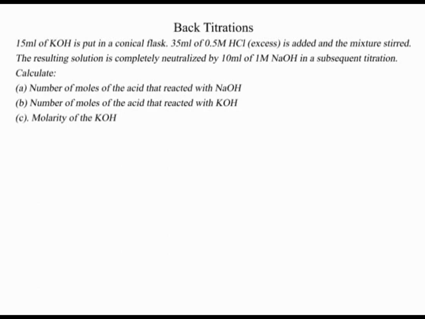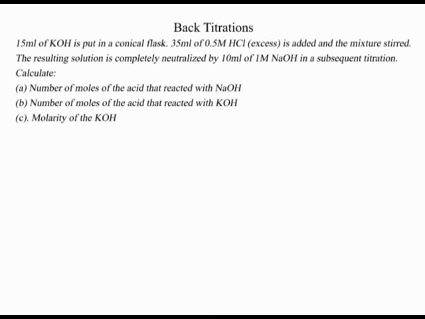The resulting solution is then completely neutralized by 10 milliliters of 1 molar sodium hydroxide in a subsequent titration procedure. Calculate 1. The number of moles of the acid that reacted with sodium hydroxide. 2. The number of moles of the acid that reacted with potassium hydroxide. And 3. The molarity of potassium hydroxide.